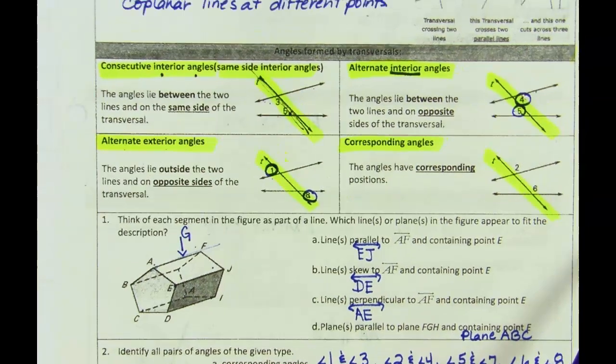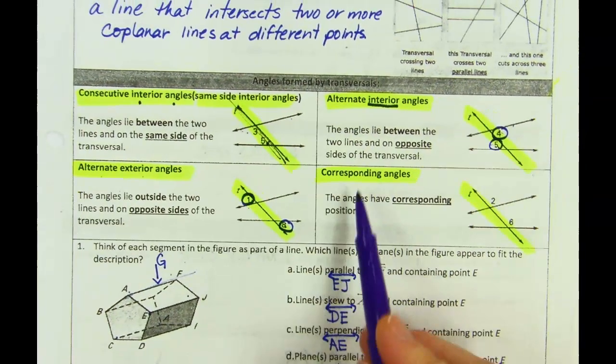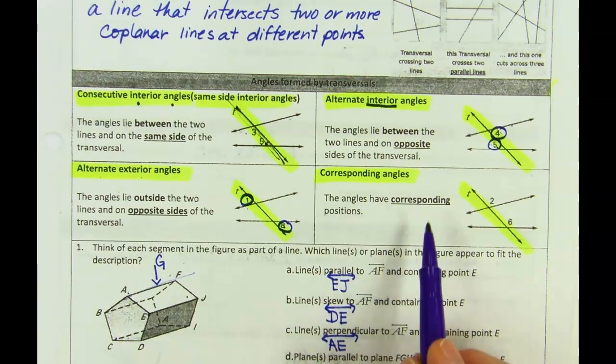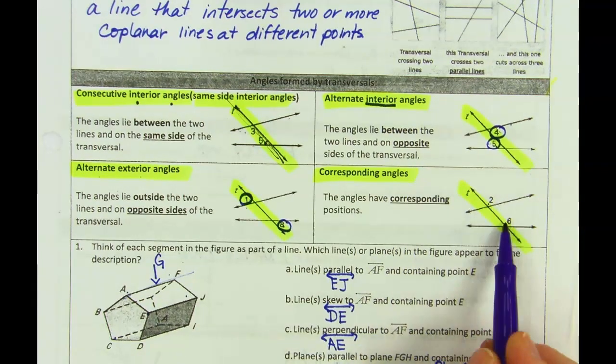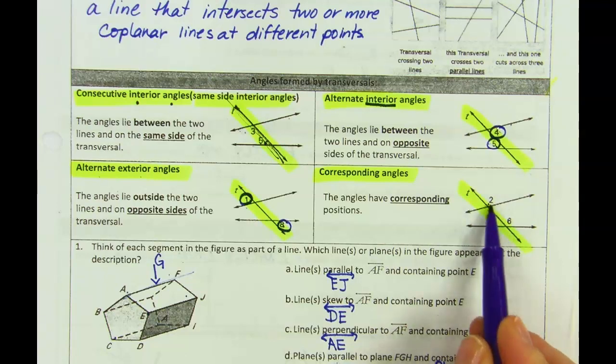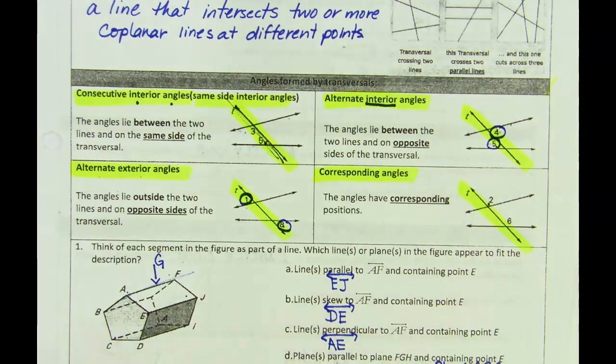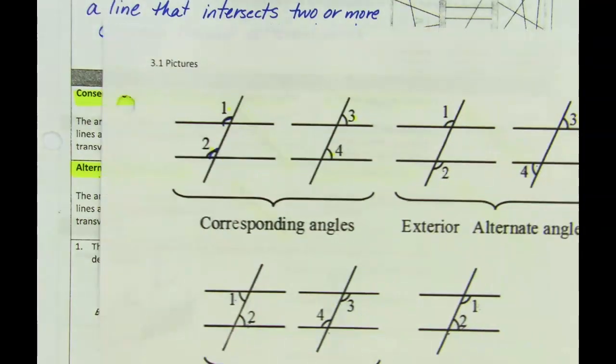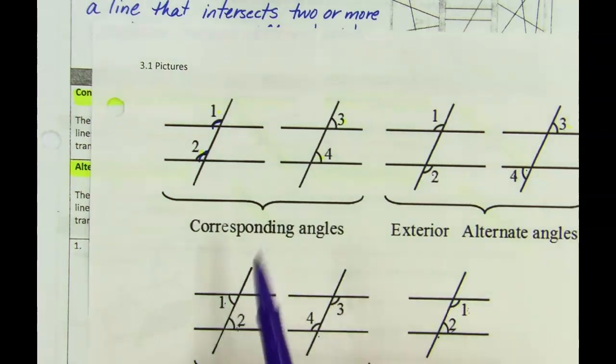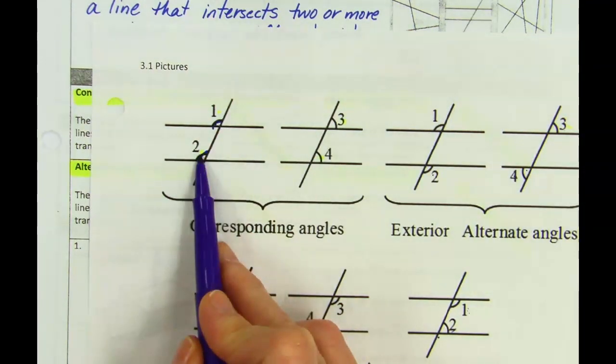And last, we have corresponding angles. Corresponding angles have corresponding positions. Now, 2 and 6 are both on top of the transversal. So this is on top of that line, that's on that, and they're on the same side. So a few other examples of corresponding. We have angles 1 and 2 in the same position.